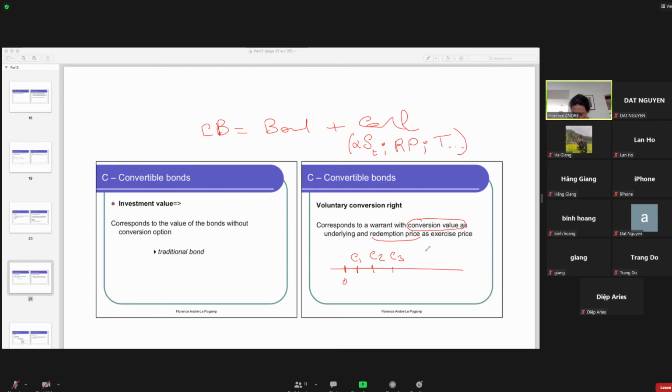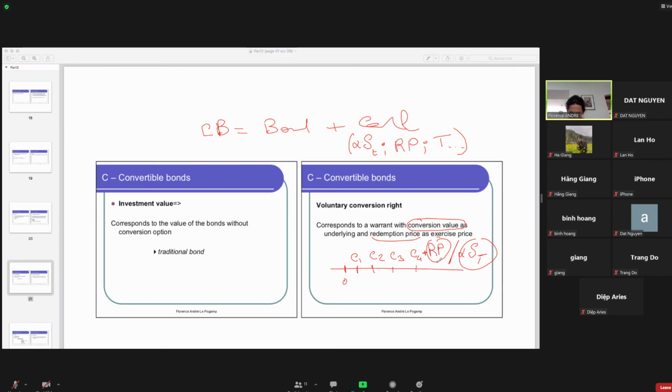And if it's a European option, for instance at T, the investors will have the choice between the redemption price or the conversion in stock, okay? They will take their decision comparing the redemption price and the conversion value. If the conversion value is higher than the redemption price, you will decide to convert.